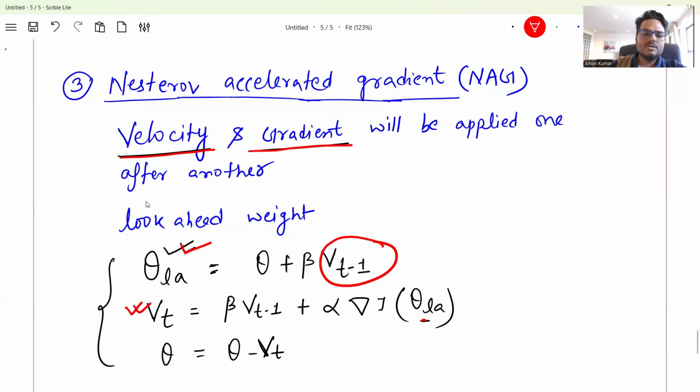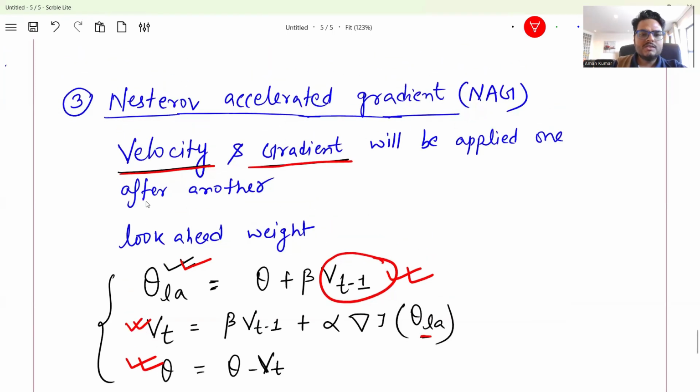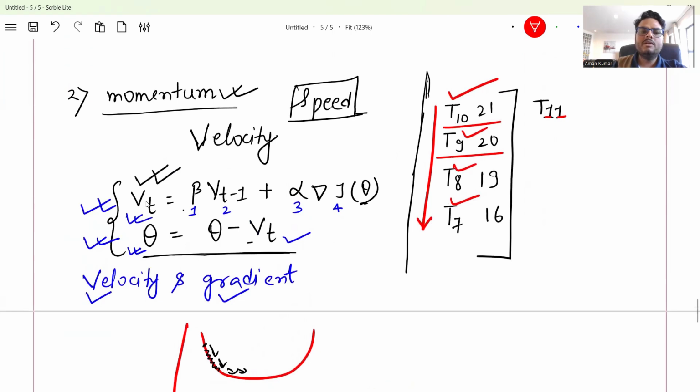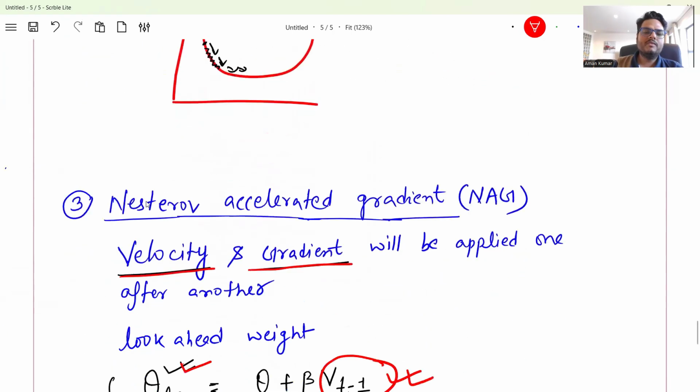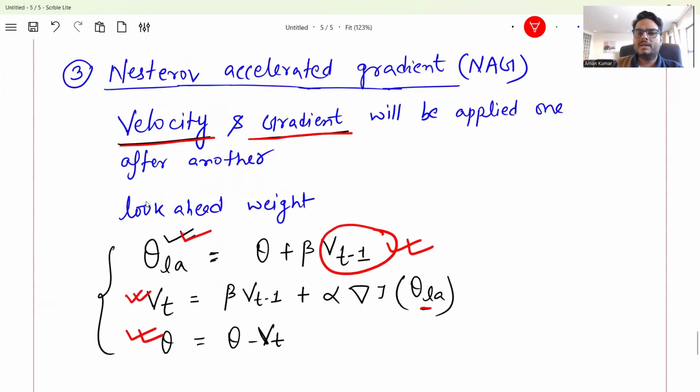This is velocity at t minus 1. Using this, we compute the look ahead weight. From the look ahead weight, we take the gradient and then compute the velocity, and then we adjust the weight. What is the advantage here? In momentum, sometimes there is a risk of the momentum overshooting your minimum, and sometimes the convergence might not be as fast as compared to NAG.